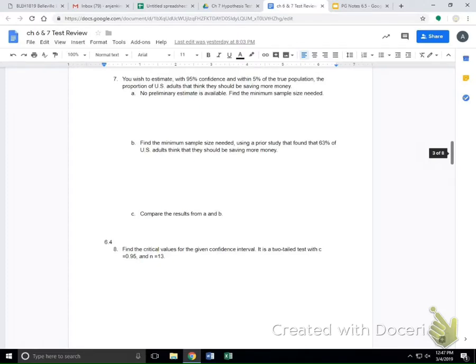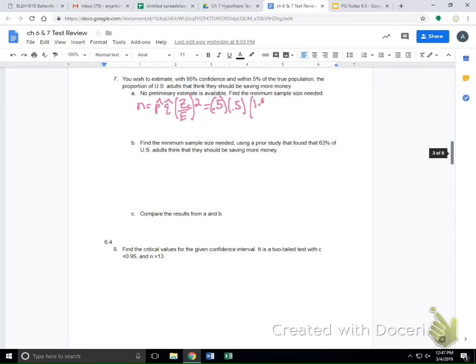So we're on to number 7, and for number 7, we wish to estimate with 95% confidence within 5% of the true population proportion of U.S. adults that think they should save more money. When there's no preliminary estimate, remember we have to use p and q as 0.5. So we're going to go back to using the formula n equals p hat times q hat times z_c over the error, squared. If we don't have a preliminary estimate, you're using that 0.5 because there's a 50-50 chance of success and failure.